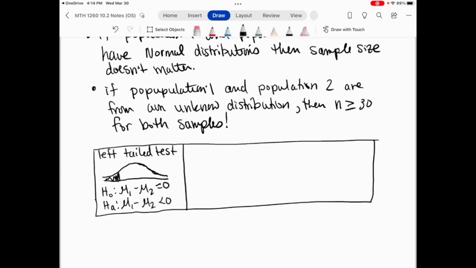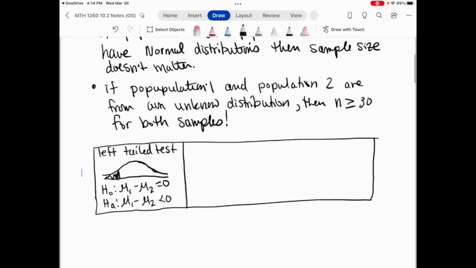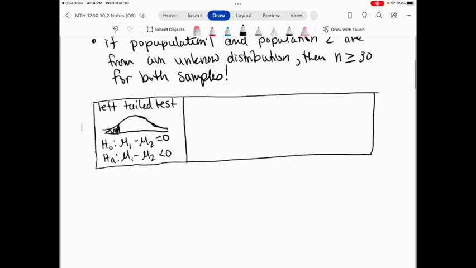And the alternative hypothesis is going to be mu1 minus mu2 is less than 0.